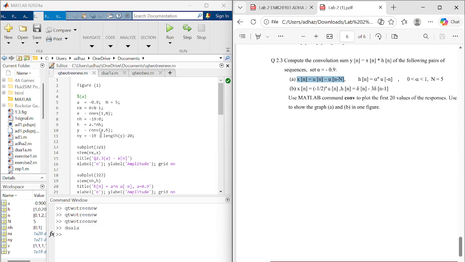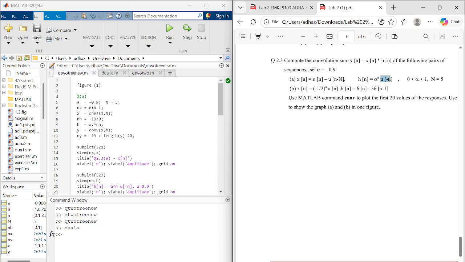In our mathematics, our h[n] is a bit tricky. Our exponential says alpha is negative 0.9, but it also exists in negative time, because of negative n.